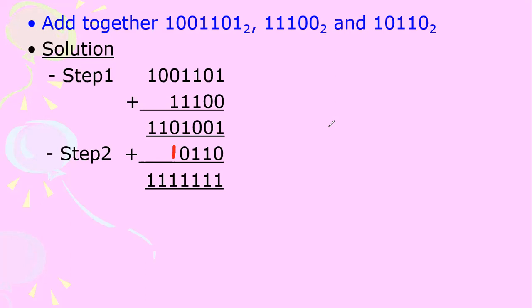One plus 0 gives us 1. Then 0 plus 1, we get 1. Then 0 plus 1, we get 1. Then 1 plus 0, we get 1.